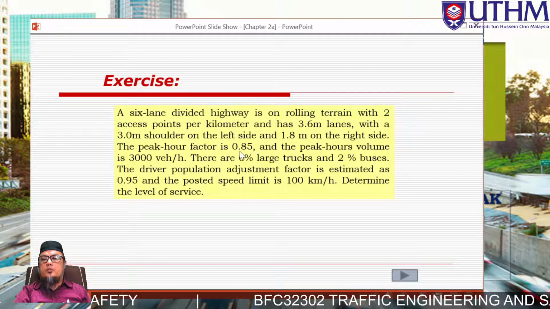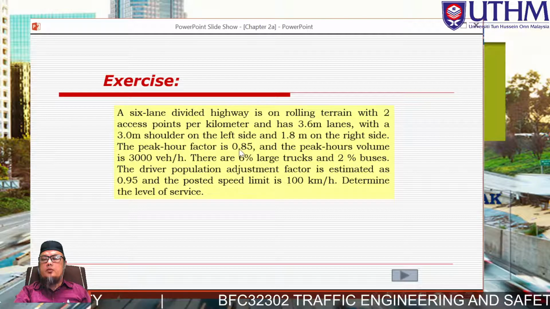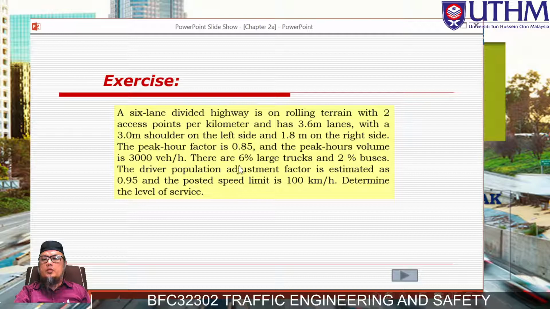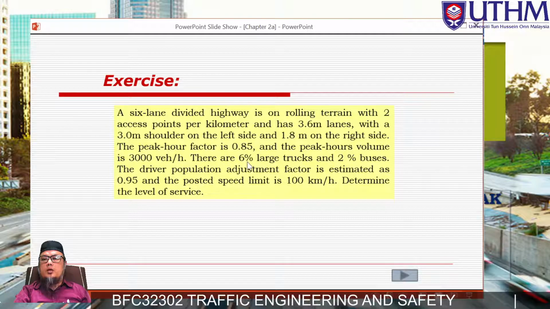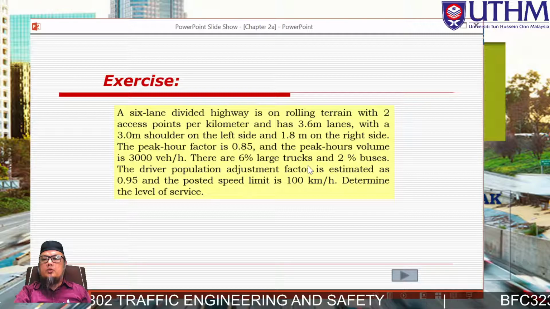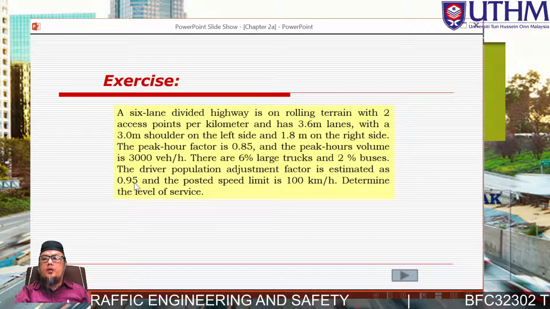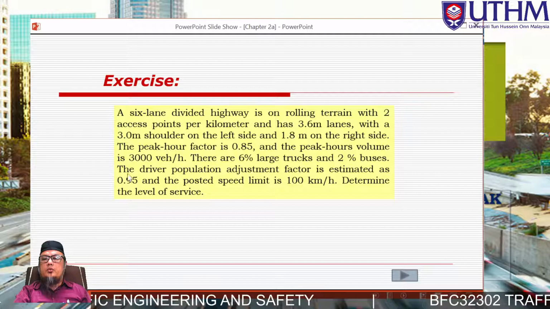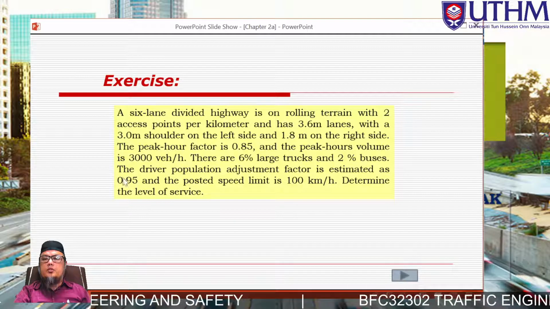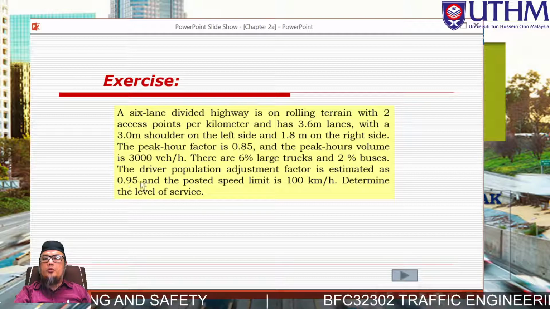Okay, peak hour factor 0.6, 0.9, 0.85. Okay, volume is 3000. Truck and bus 6 and 2%. You have to combine this one. Now they have a different value for the proportion of driver population, so you have to use not 1 anymore, but 0.9.